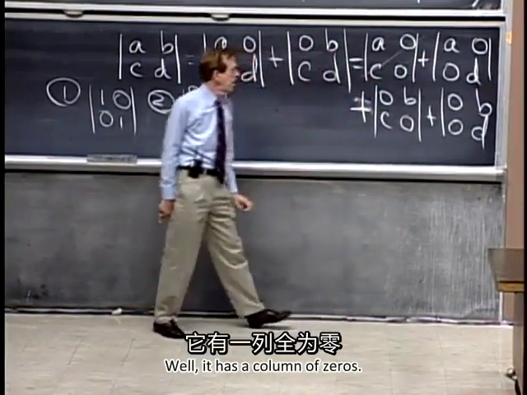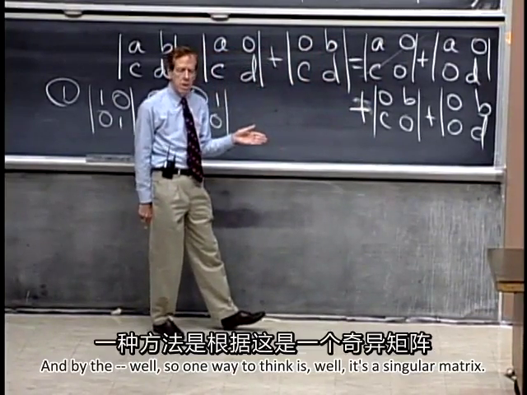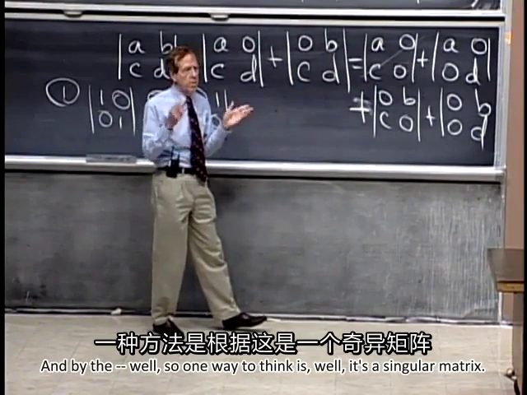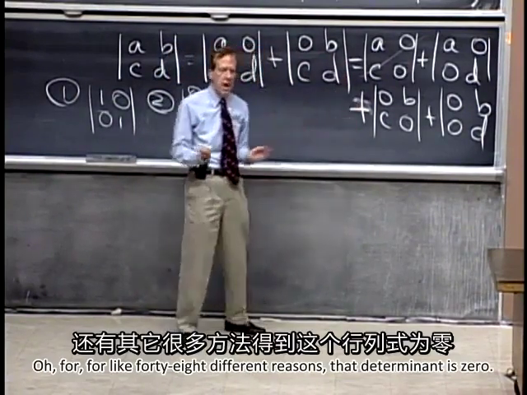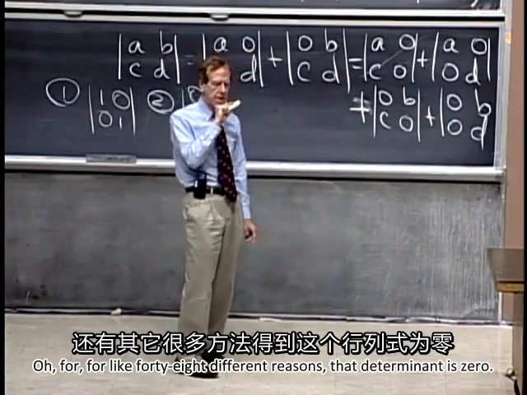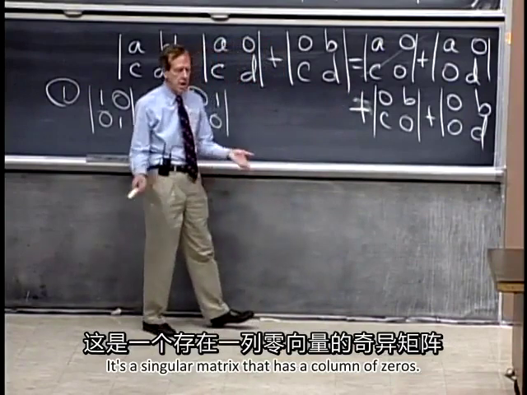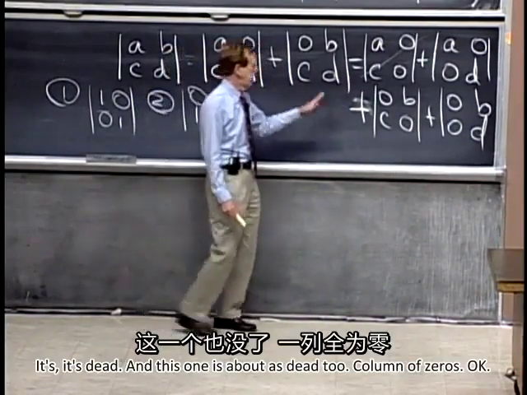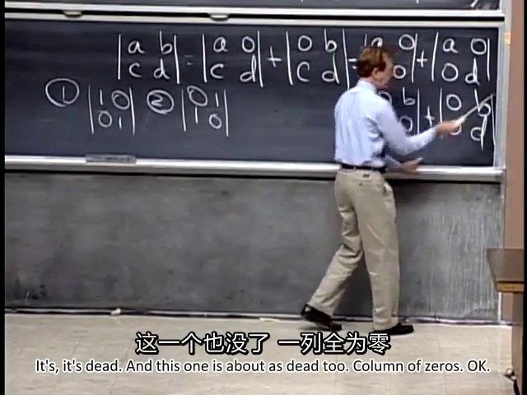Well, it has a column of zeros. One way to think is, it's a singular matrix. For about 48 different reasons, that determinant is 0. It's a singular matrix with a column of zeros. It's dead. And this one is about as dead too. It's a column of zeros.